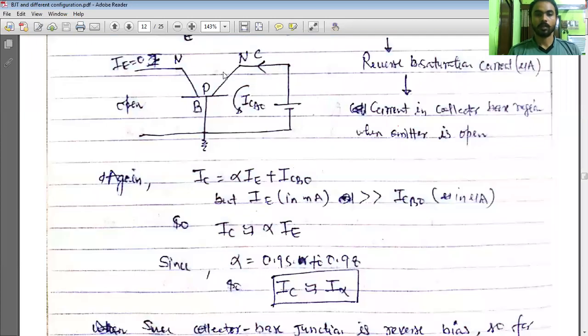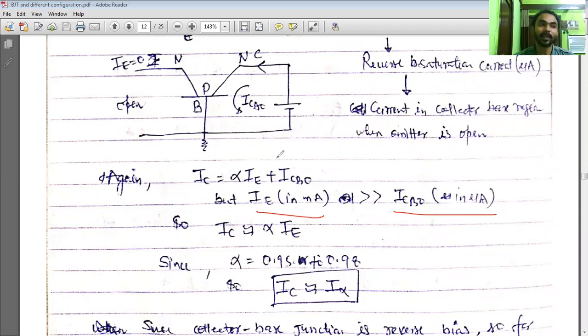Now we know that IE is in milliampere and ICBO is in microampere. So when I have an emitter current, ICBO will have very little importance and can be neglected. In that case, the output current is only due to the input current part, that is alpha IE.